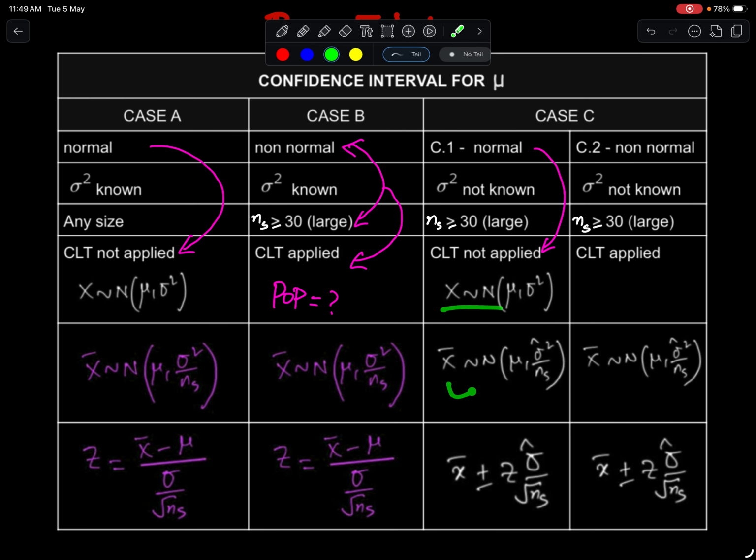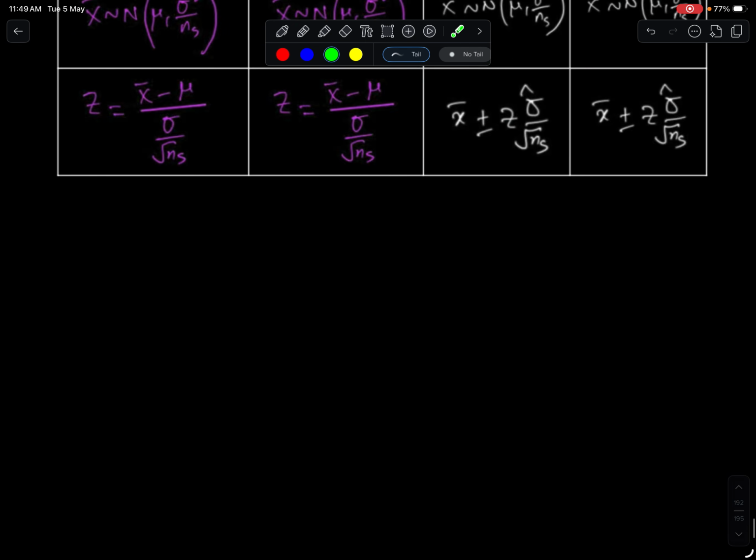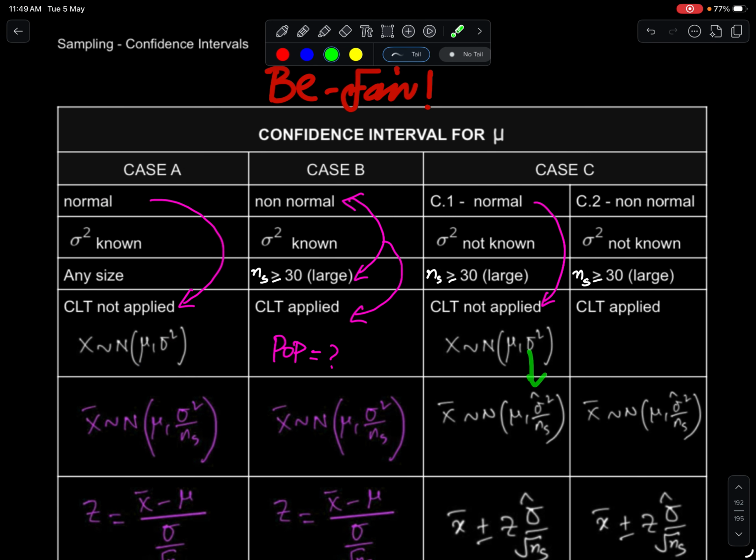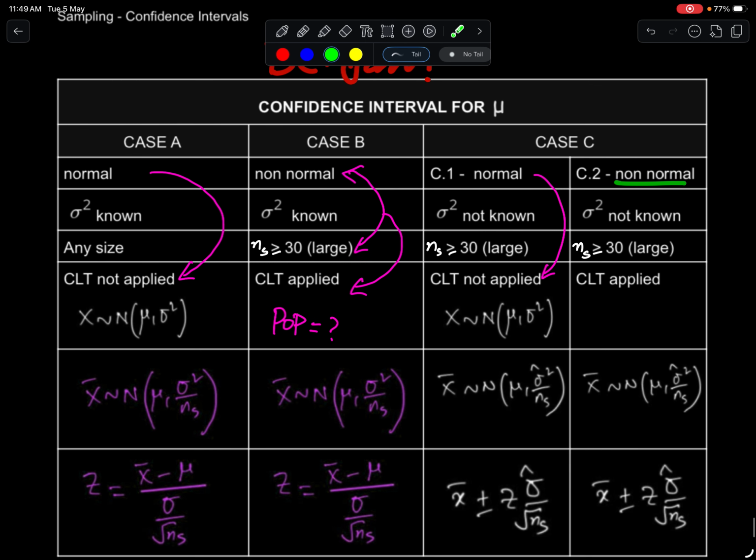Population is normal, X bar is perfectly normal, and we use sigma cap square here because this is unknown. Now non-normal: sample size is large, so apply CLT. Sigma square is also unknown, so use sigma cap square here.